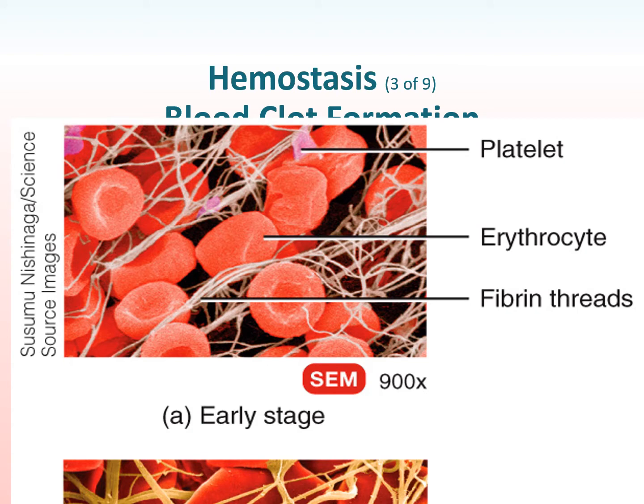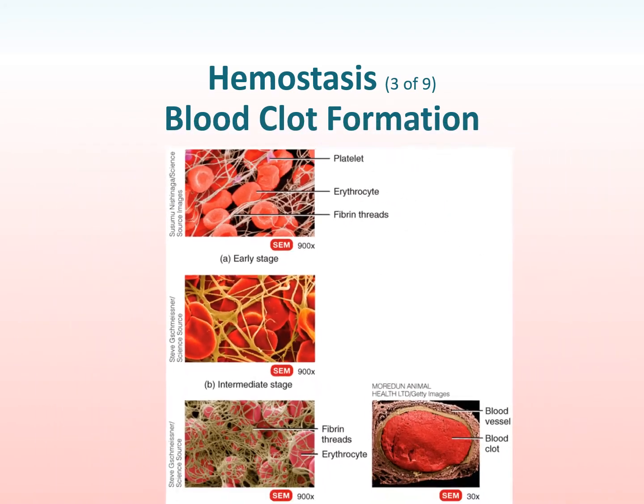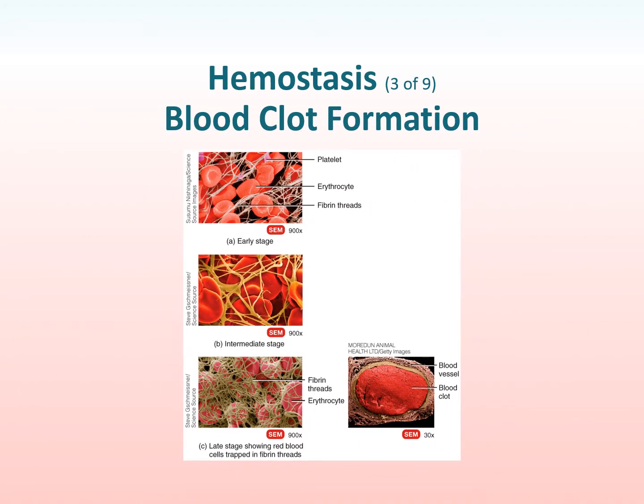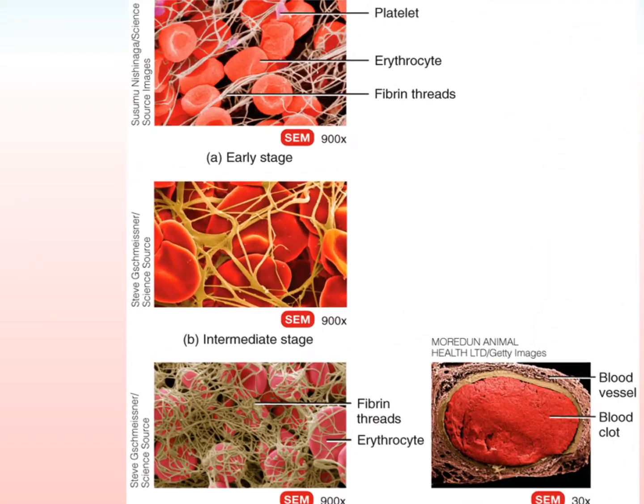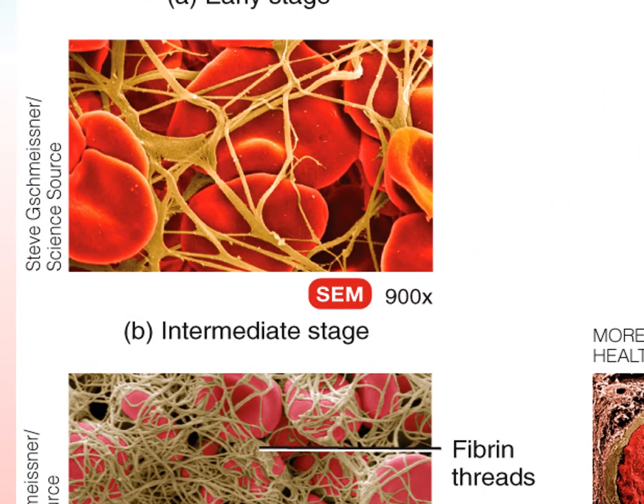This is the early stage of fibrinogen turning into fibrin, and you'll notice the red blood cells get caught up in there, and the platelets are obviously helping get in there and stick together, stick to things as well. And this is blood clot formation. This is the intermediate stage, and very soon it will look like this.